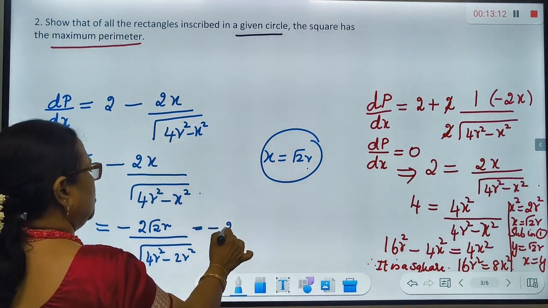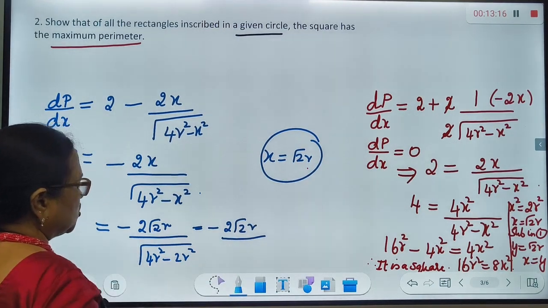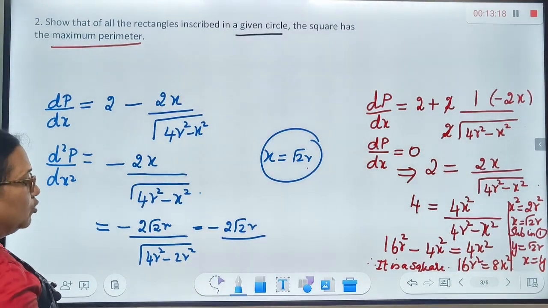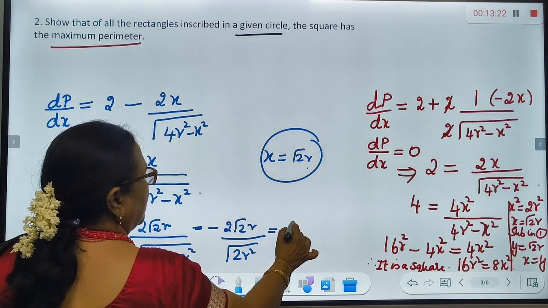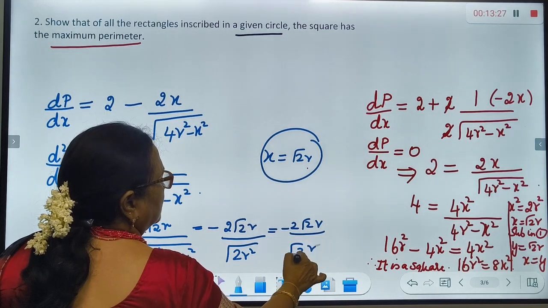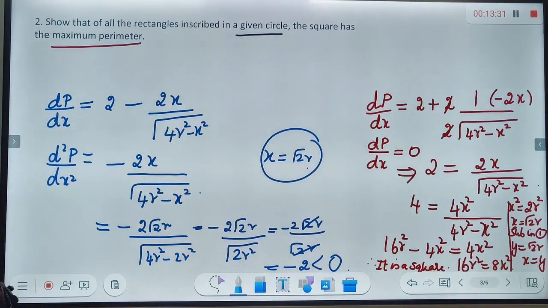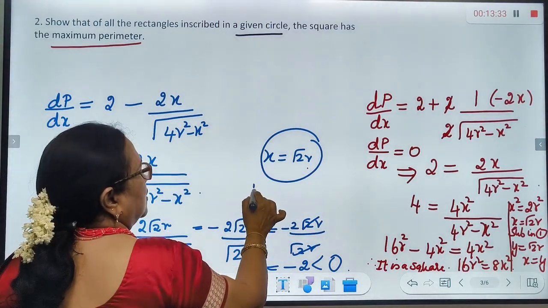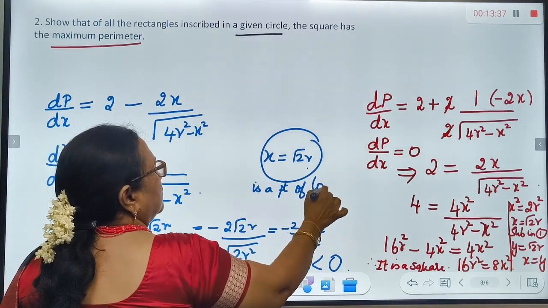This is minus 2 root 2 r by root of 4r square minus 2r square, which is root of 2r square, which is minus 2 root 2 r by root 2 r. So it is minus 2, which is less than 0. So x equal to root 2 r is a point of local maximum.